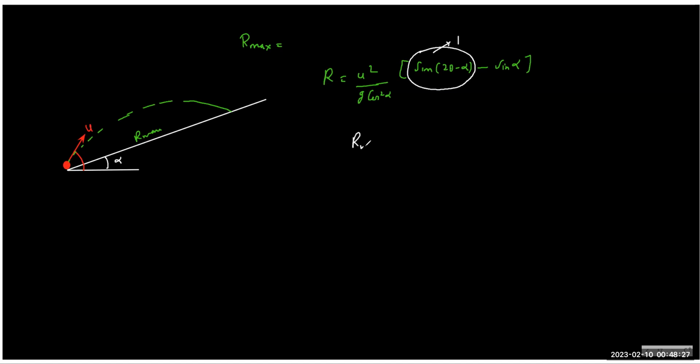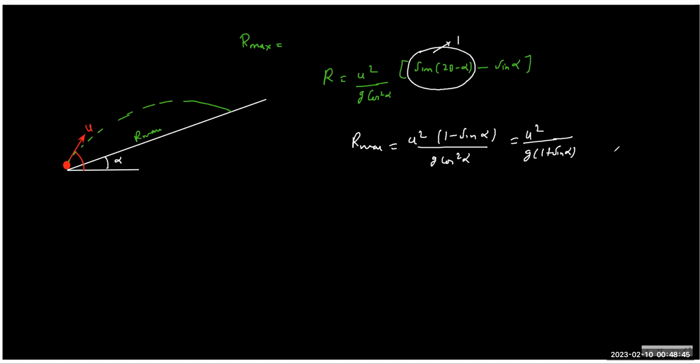So R max we can simply write as u square upon g cos square alpha times 1 minus sine alpha. Cos square alpha we can write as 1 minus sine square alpha, so we will get 1 plus sine alpha.